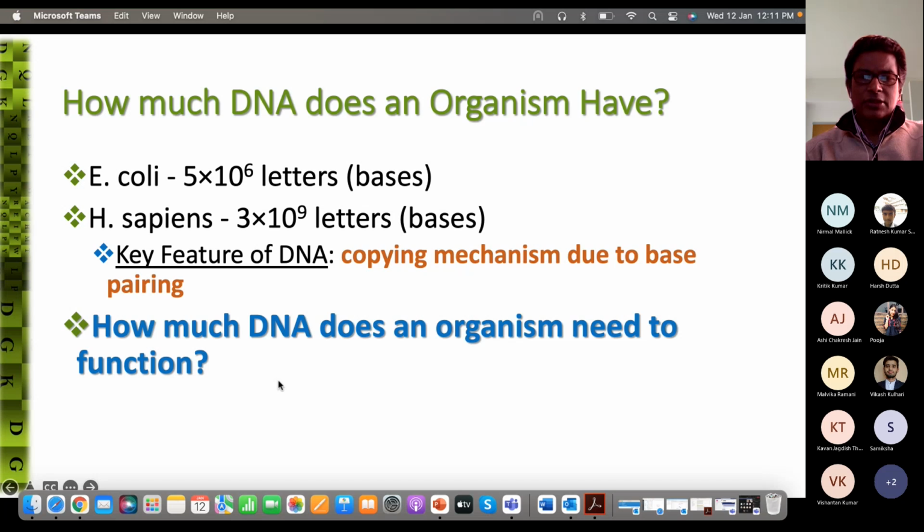This is ongoing research where people are trying to understand, if I were to construct a minimalistic cell, what are the things that I need to put in this cell so that it functions as a living organism without having the paraphernalia of all the other things that are required? Let's say the extra redundancies which are there, can I get rid of those and still have it function?